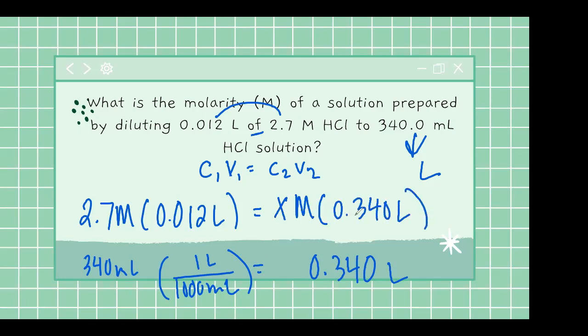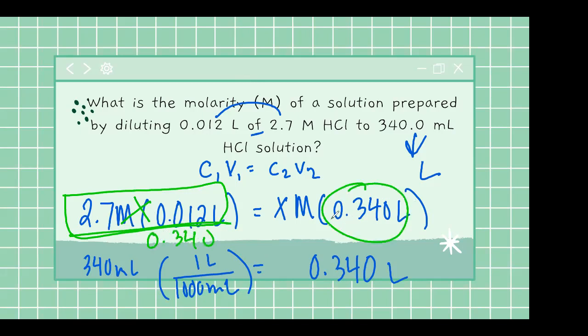0.340 liters. And then we do this exact same process of how we did the problem before, right? So 2.7 times 0.012, multiply these two together and then divide it by 0.340.